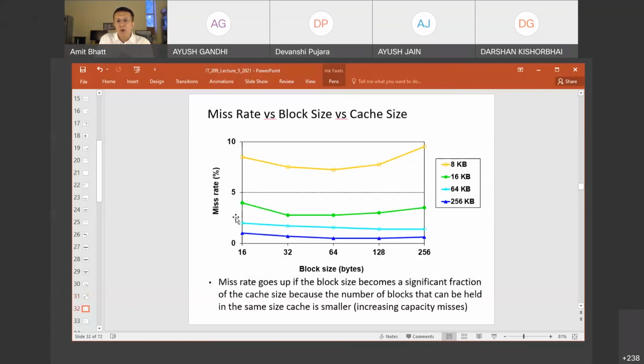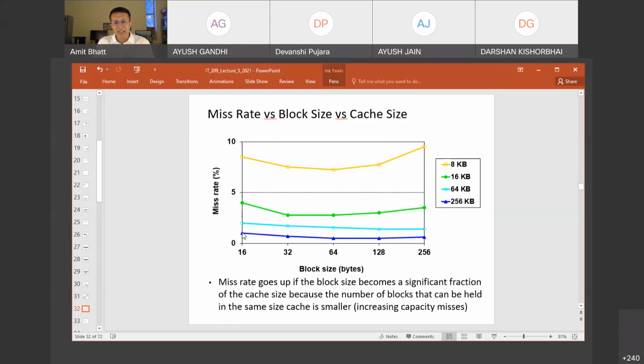So increasing block size is going to affect a lot for a small cache. Why? Because the cache is small anyway. And if you start making the blocks bigger, then only very few blocks can reside. And as you go down lower, you will realize that since the cache is so big, it can accommodate many large blocks. So the problem of miss rate would not be that much.